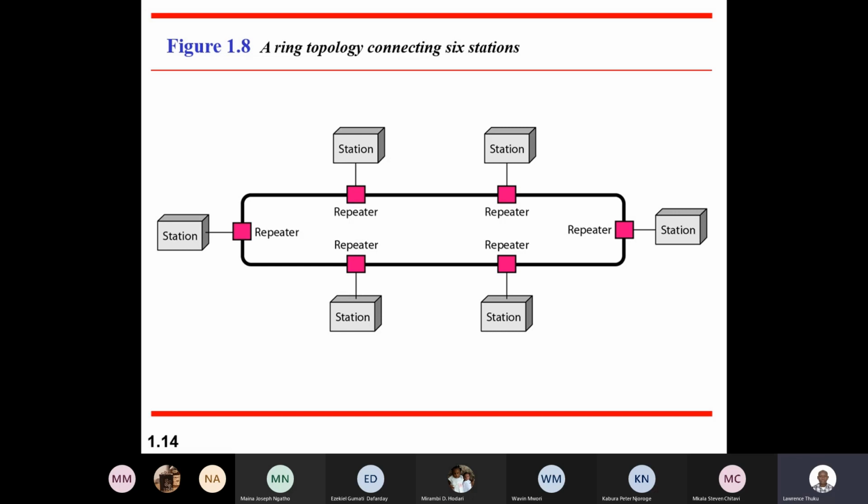And the technique normally used here is what we call carrier sense multiple access with collision detection and collision avoidance. That's a technique normally used in a link topology to avoid this kind of data collision in this kind of network environment.